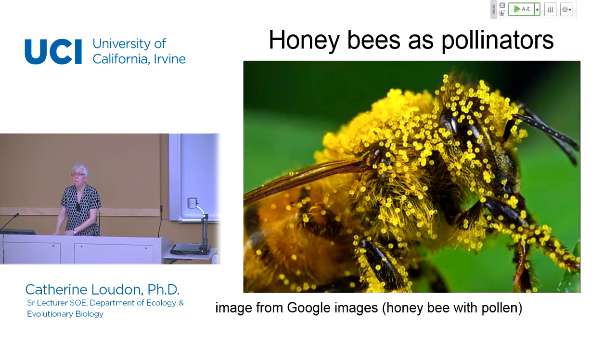Honeybees are really important pollinators as well. There are a lot of different kinds of bees. This is a picture of a honeybee that's completely covered with pollen. Each one of those little yellow globs is a male gametophyte.